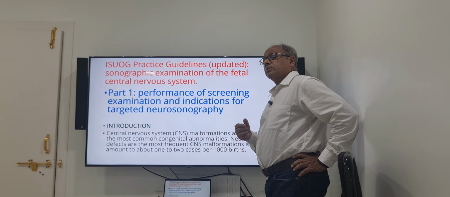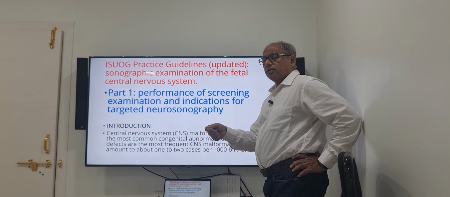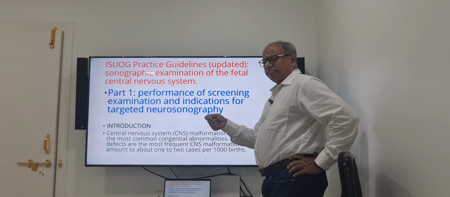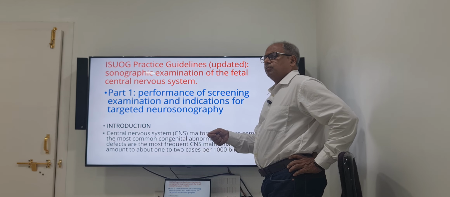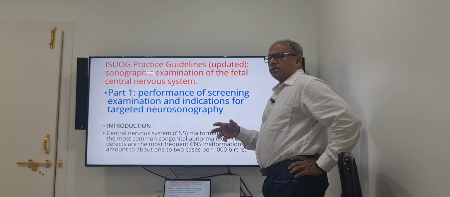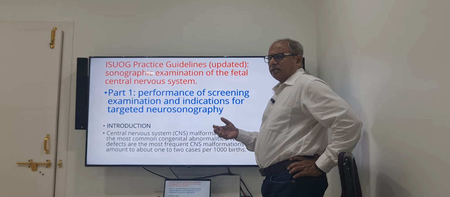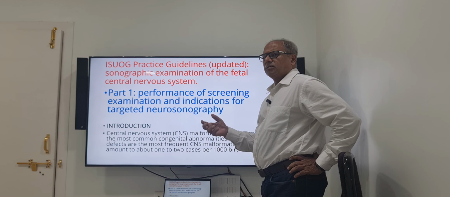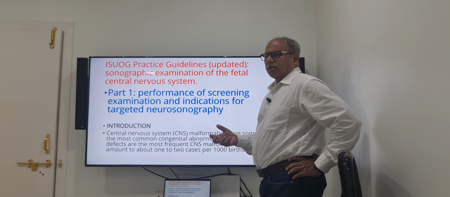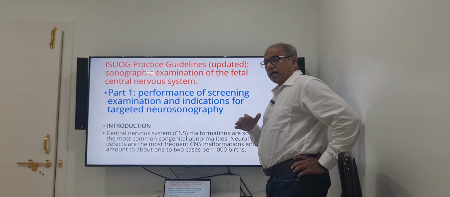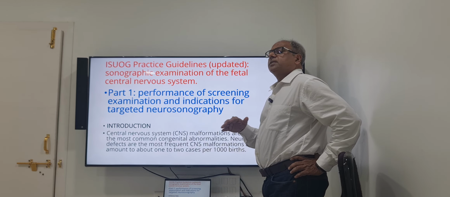A lot of things, while putting the probe on the abdomen of the lady in the mid-trimester scan, or even in the first trimester scan when we do nuchal translucency, a lot of gross abnormality you can very well know, that is anencephaly, and a lot of things which can easily be seen, and you can tell the patient that this is the problem for the fetus. But when things appear okay, then you have to do this detailed screening.